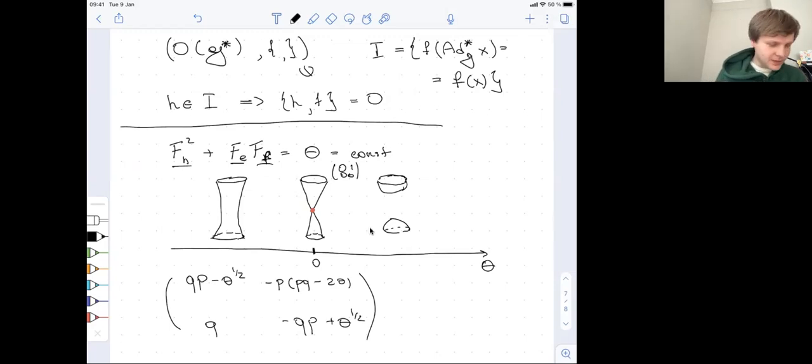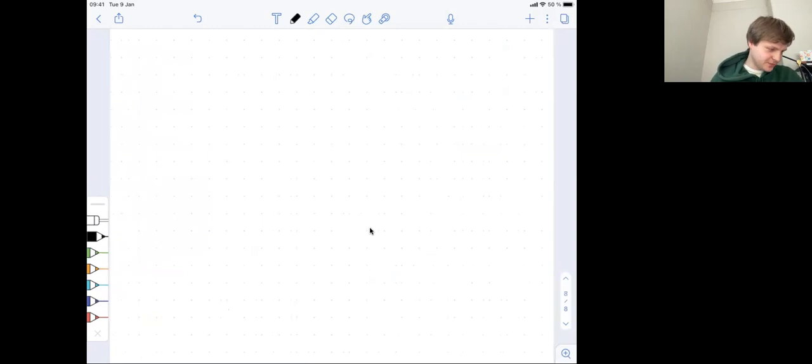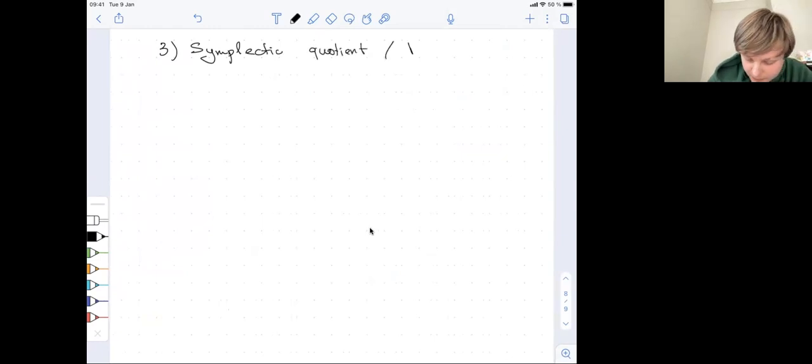Okay. So, symplectic quotients, symplectic quotient and Hamiltonian reduction.